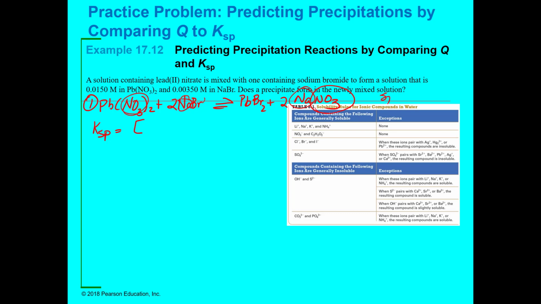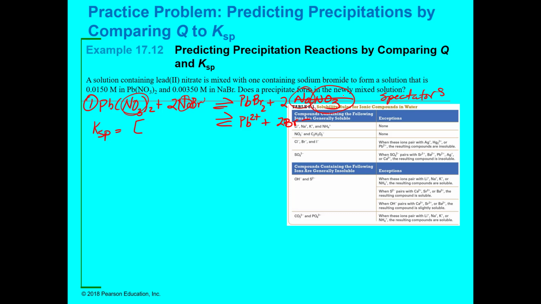So they're going to be spectators. And so you can write PbBr2 and NaNO3, but really what you're looking at is Pb and Br. So you're really looking at the Pb2 plus and 2 Br minus. Does that make sense? Because these are spectators.